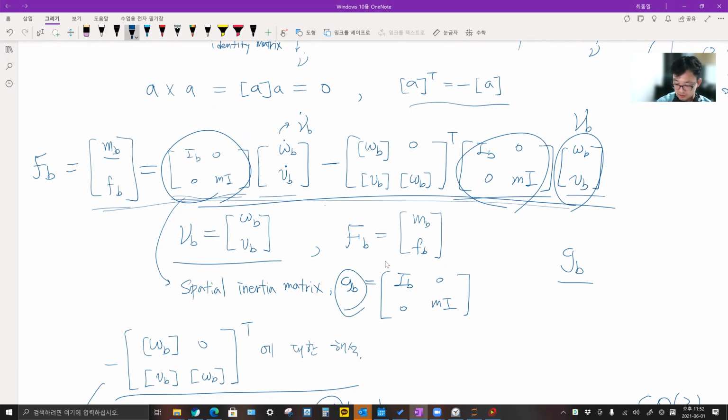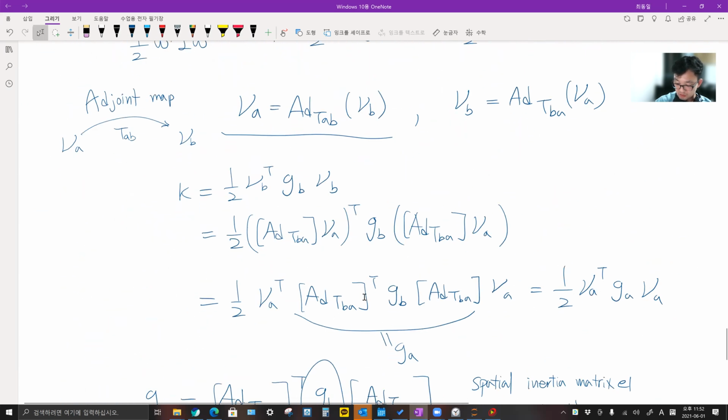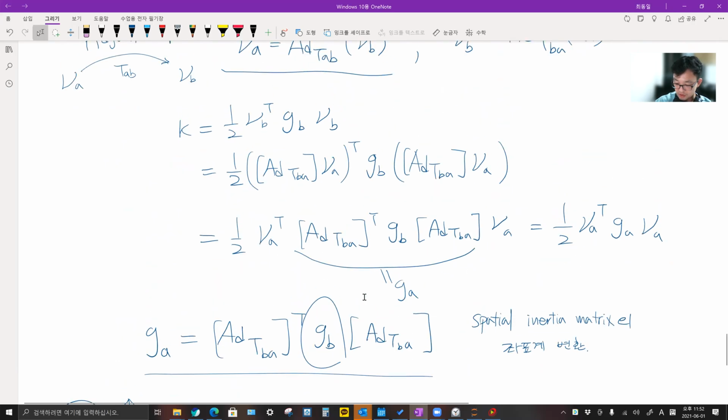This one is indicated in B frame. So if you want to transform this matrix from B to A frame, we can use this large adjoint relationship.